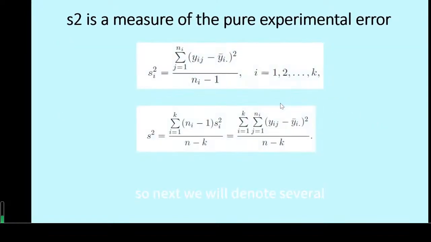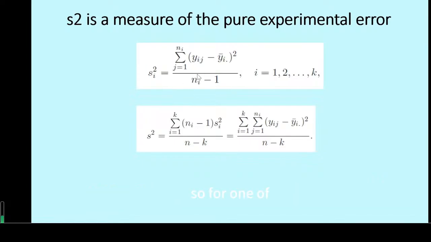So next, we will denote several important items. This Si is the sum of error terms for a given xi's y variable.